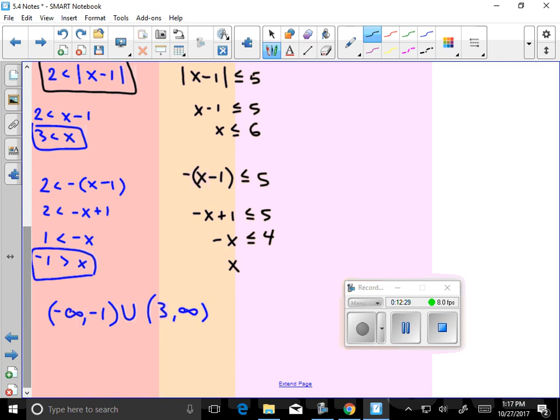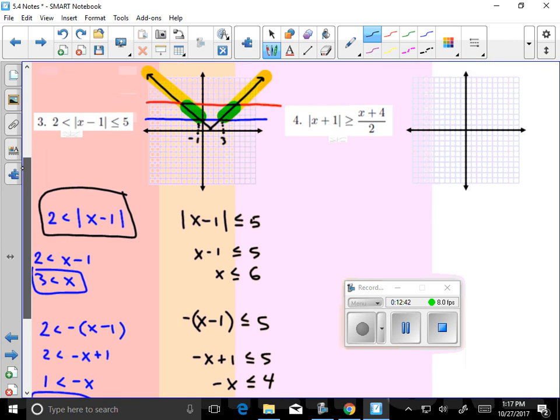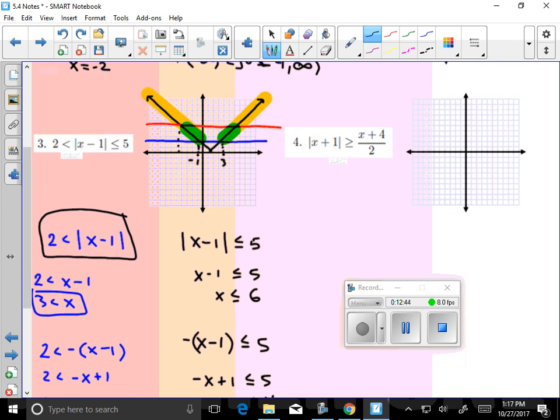So x has what relationship to negative 4? Greater than. I'm going to flip that absolute value sign, and I get that. So what I've determined now is this. What's that value? That's negative 4. What's that value? What did I say? 6. Sweet.